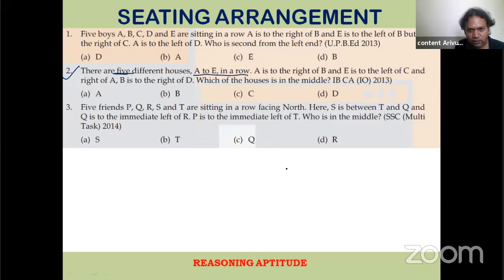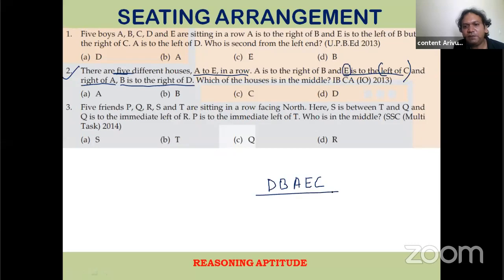A is to the right of B. So B is here, A is here, and E is to the left of C and right of A. So E is right of A and left of C. B is to the right of D. So we get our arrangement DBAEC.